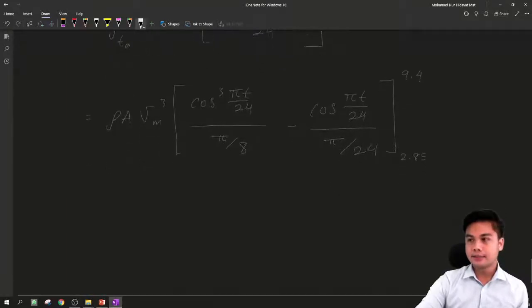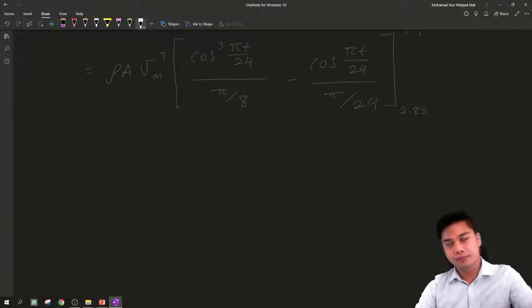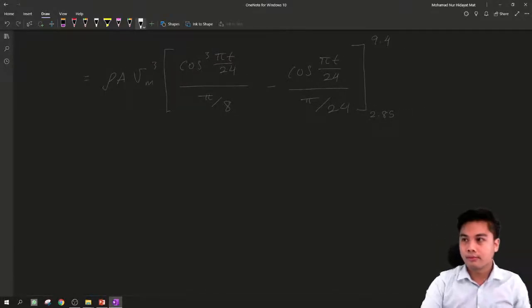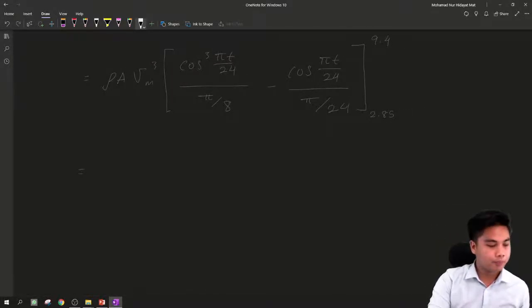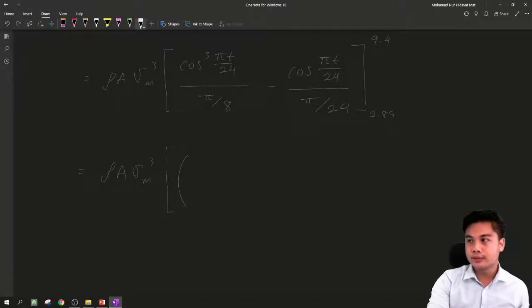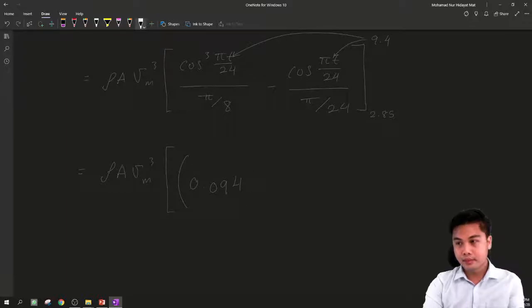Just substitute the values. Try to solve this: rho A Vm cubic. You substitute time into this, time into this. You will get finally 0.0947.